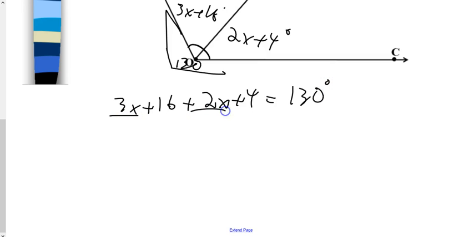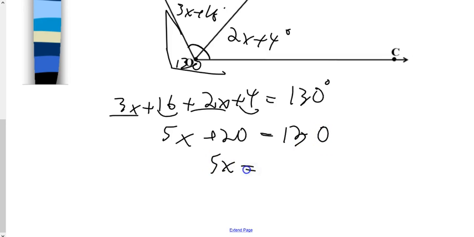So 3x plus 2x is 5x. 16 plus 4 is 20, and that's equal to 130. I'm going to subtract 20 and get 110. And then I'm going to divide by 5. And 110 divided by 5 is 22.